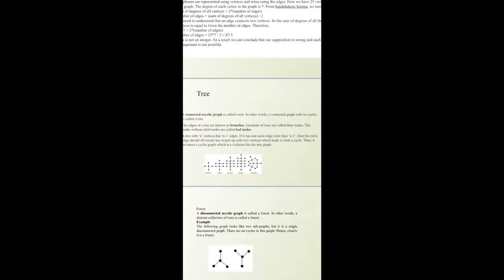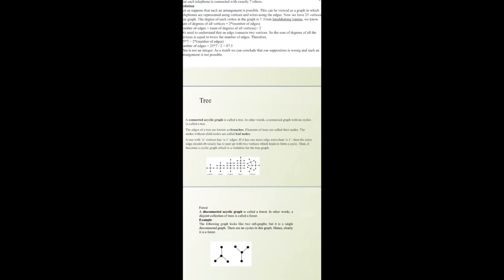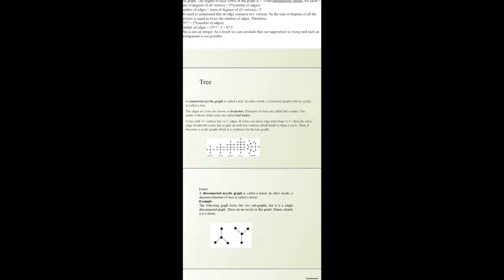In other words, a connected graph with no cycles is called a tree. The edges of a tree are known as branches. Elements of trees are called nodes. The nodes without child nodes are called leaf nodes.